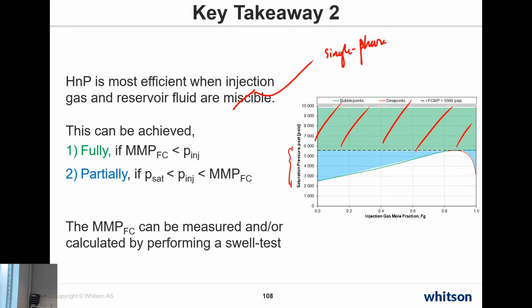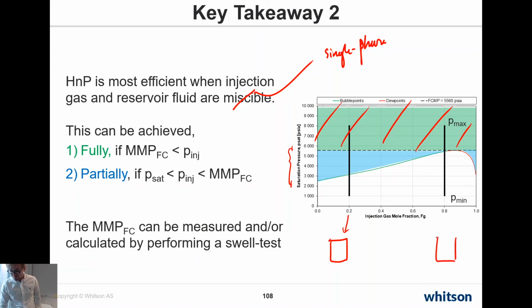Yeah. Good stuff. So now we're going to look at 2 different examples. Let's say we do pressure cycling at these different points. In the pore space, in this case, there's 0.2, or 20% injection gas versus reservoir fluid, while here it's 80%.